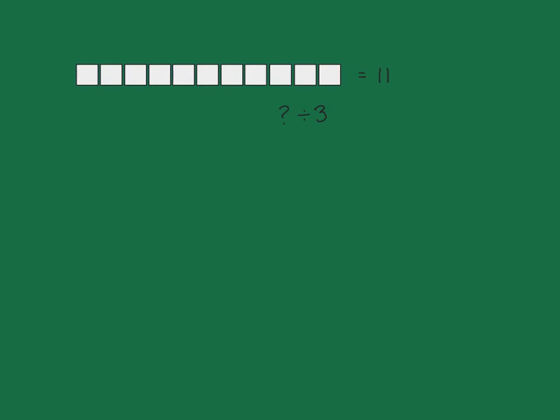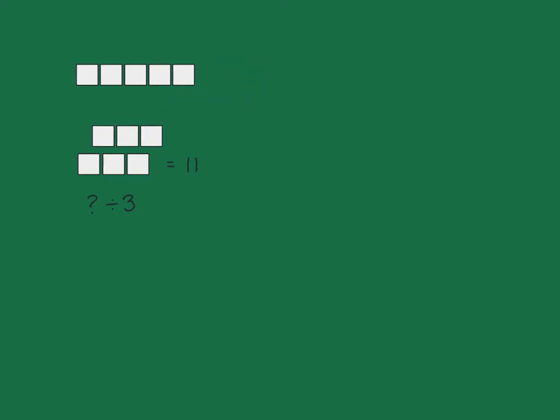We've said that division is like repeated subtraction, so we can take 3 away. Ooh, that's rather pretty, I didn't expect it to do that. Then we can take another 3 away, and then we can take another 3 away. So now we've got, what have we got? Well, we've got 3 lots of 3, which is obviously 9.